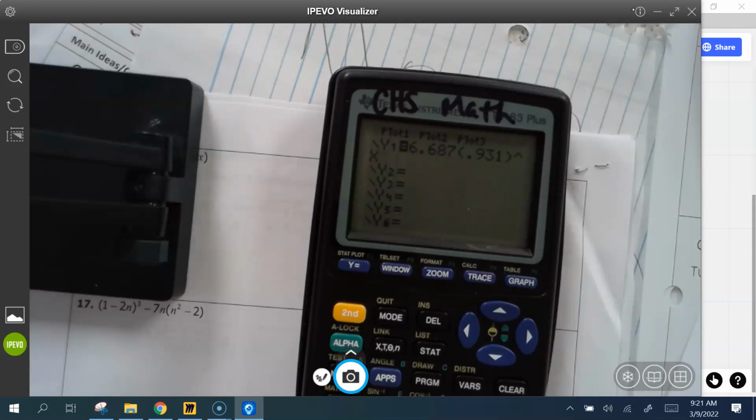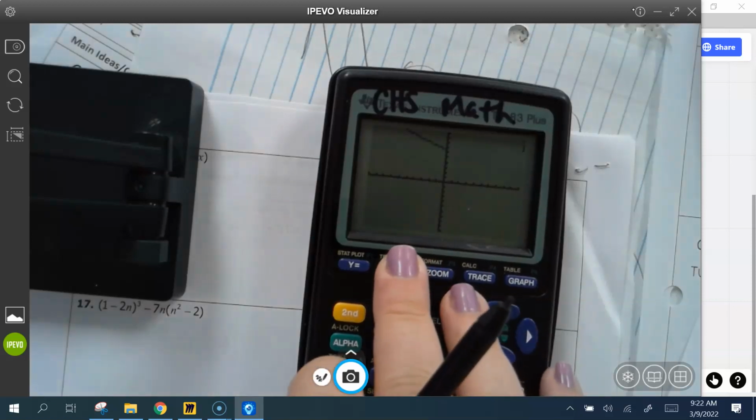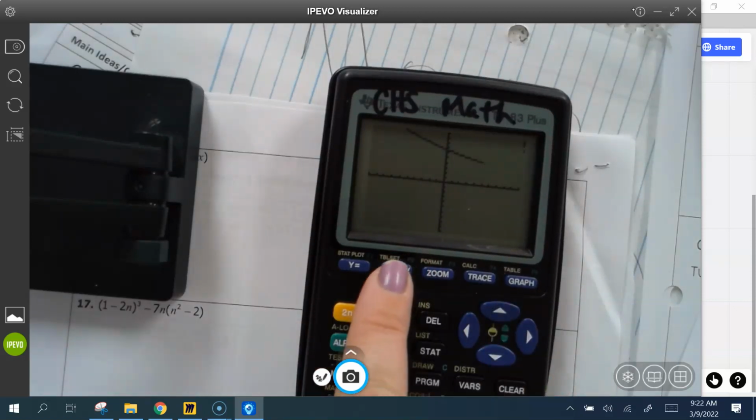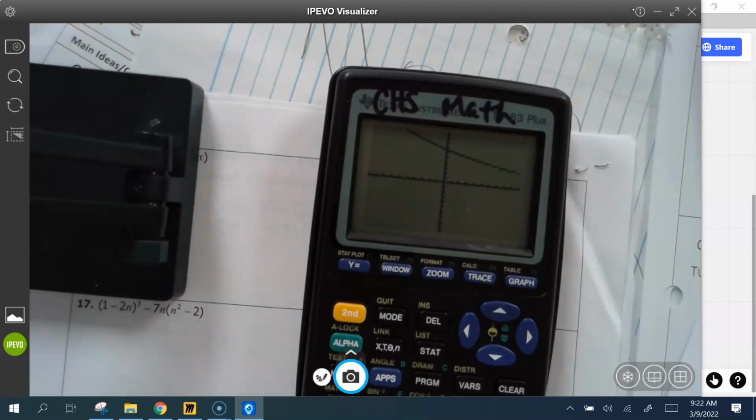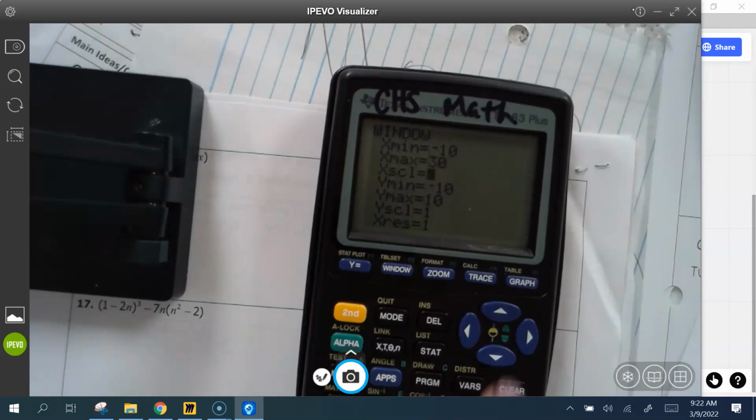I'll show you. Gotta take this at least out to 30 if I want to find the integral.